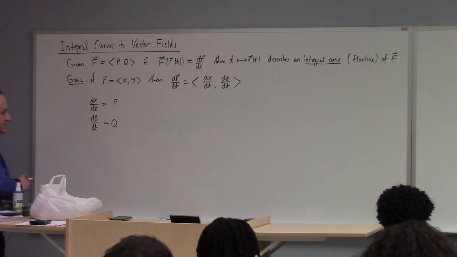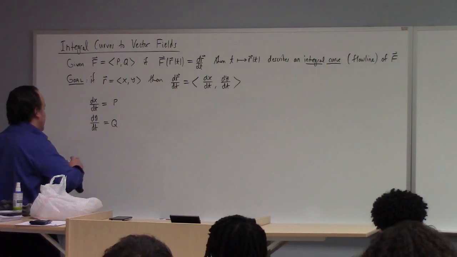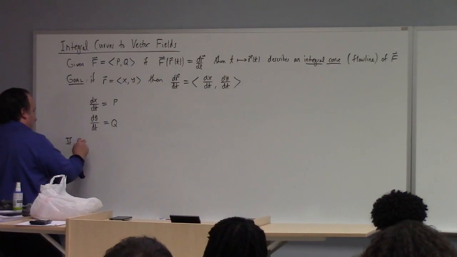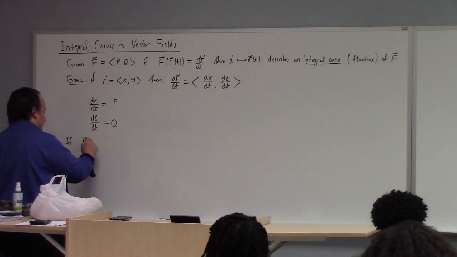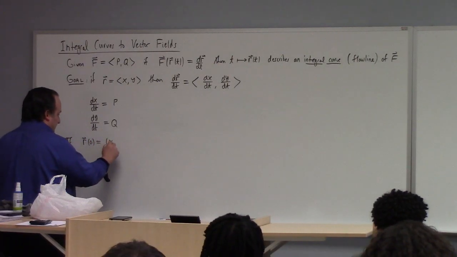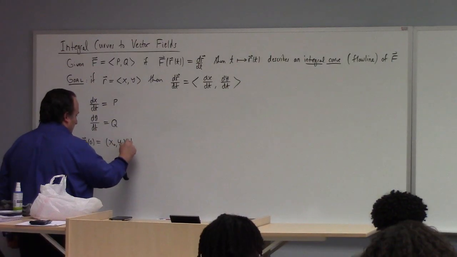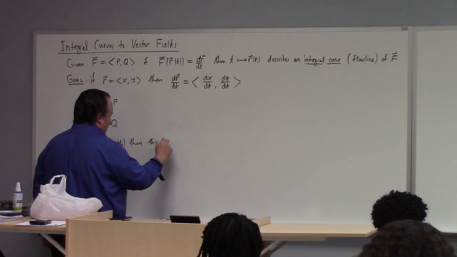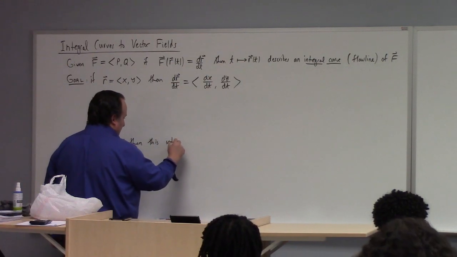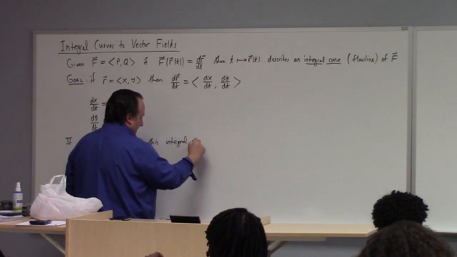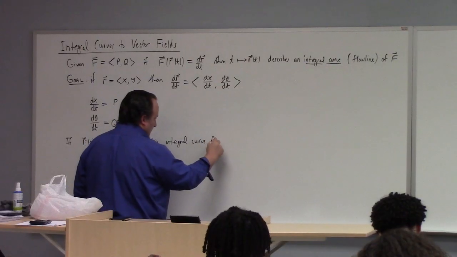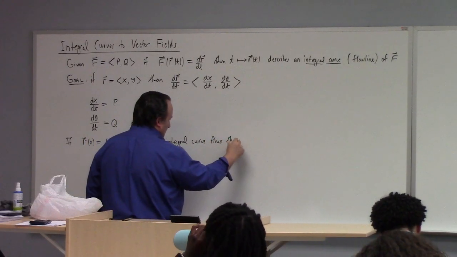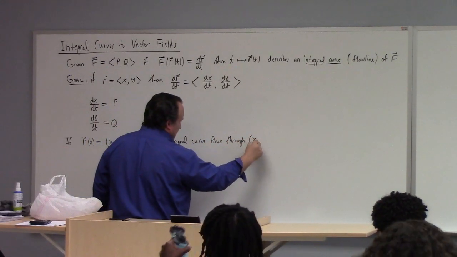If r of 0 is equal to (x naught, y naught), then this integral curve flows through the point (x naught, y naught), right?